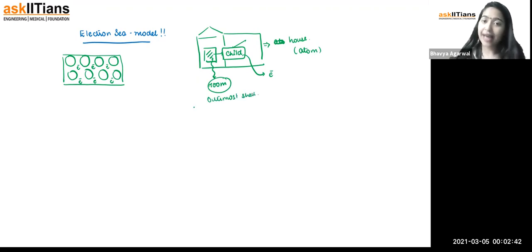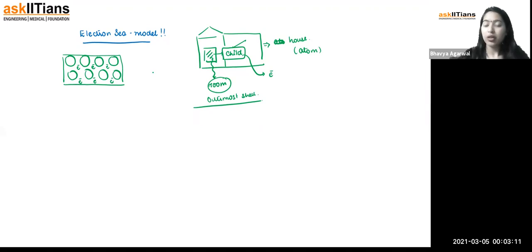So the child has left that outermost shell, but it has not left the atom completely. Can you imagine it? You have left your room, but you have not left the house. So now you're free to move around, but you're not free to go out of the house. So this was the scenario.